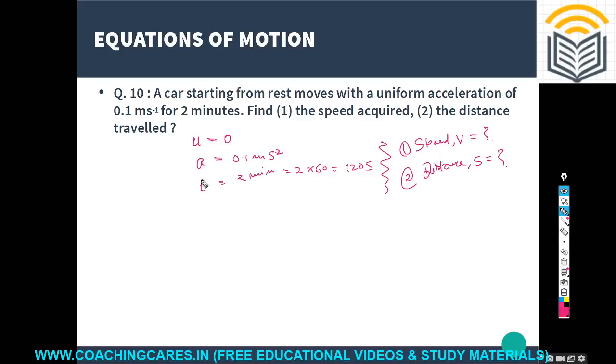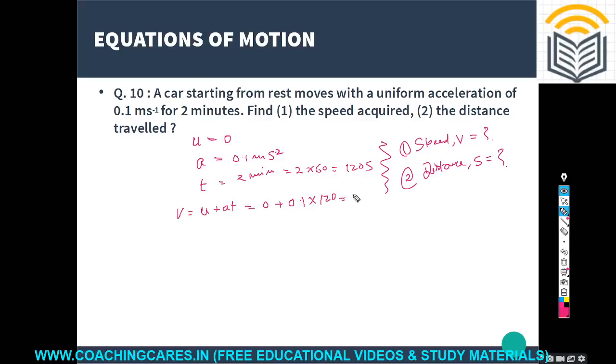So let us solve this by using equation number 1. V is equal to U plus A T. We'll put all these values. U is 0, A is 0.1 multiplied by 120.